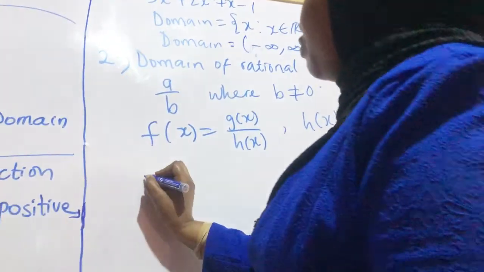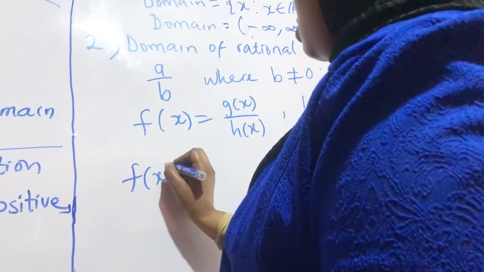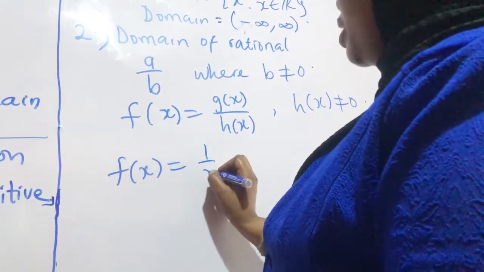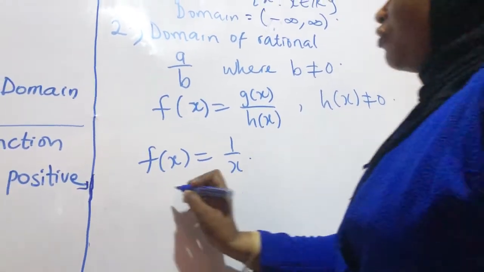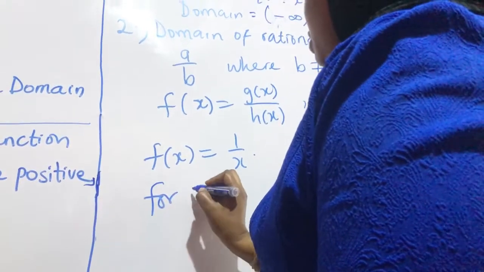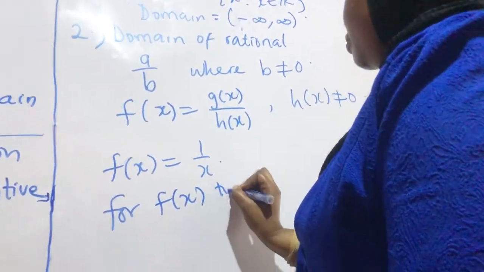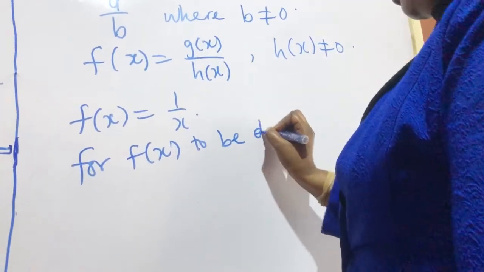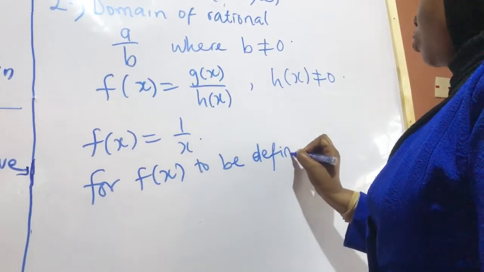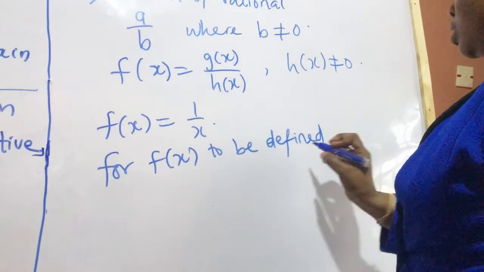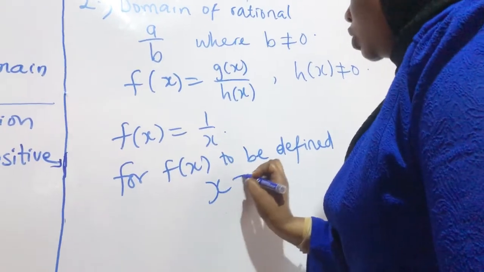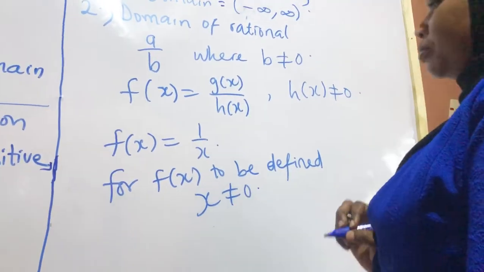For example, if we have f of x equal to 1 divided by x. For f of x to be defined, x must not be equal to 0. Because we want our function to be valid, x must not be equal to 0.